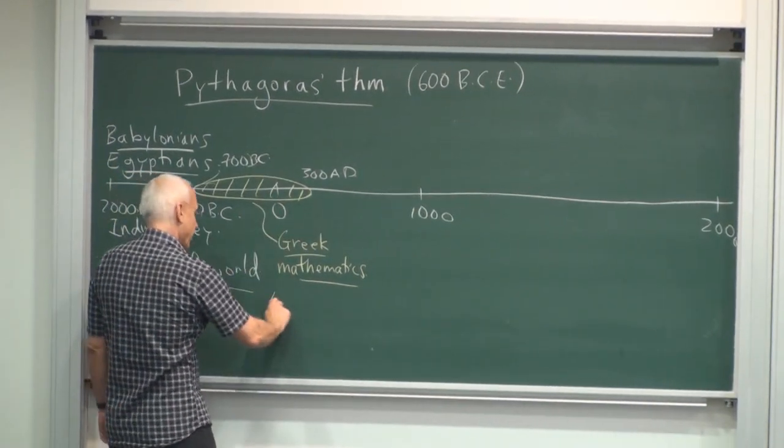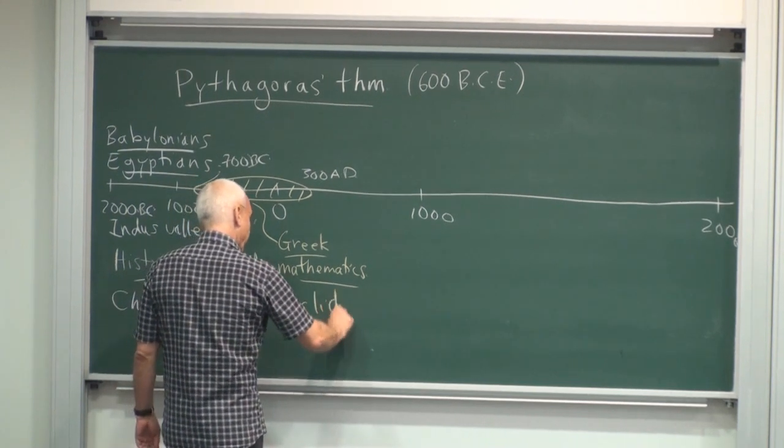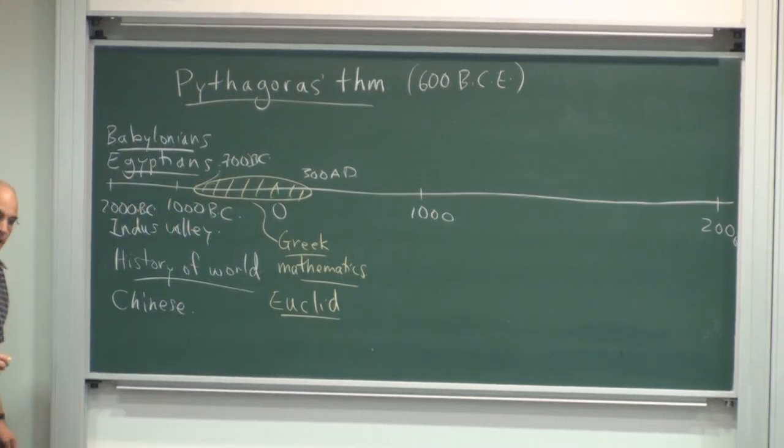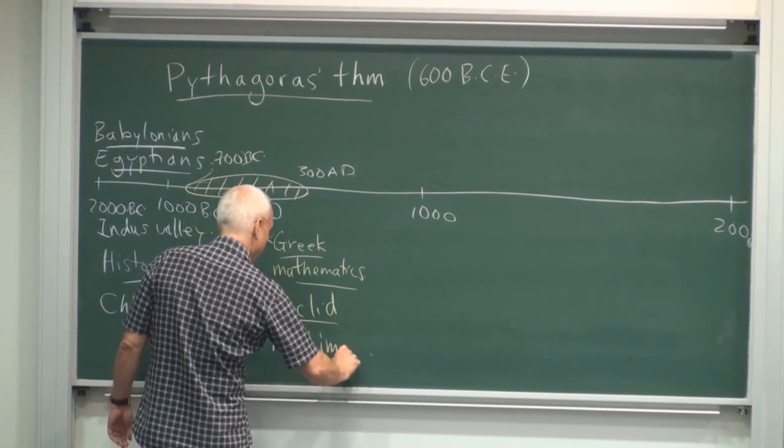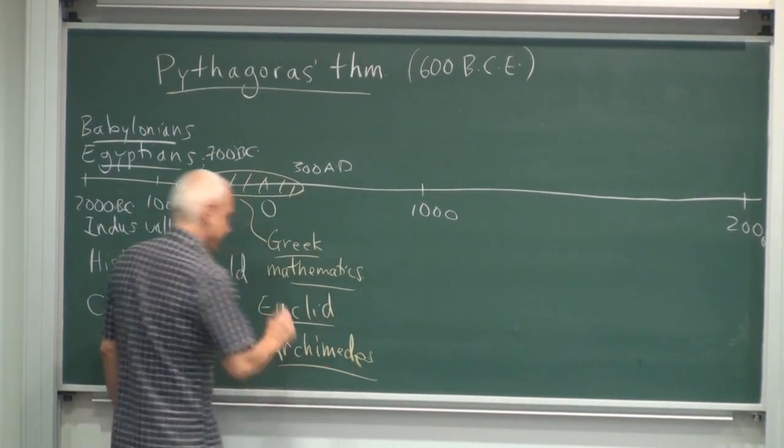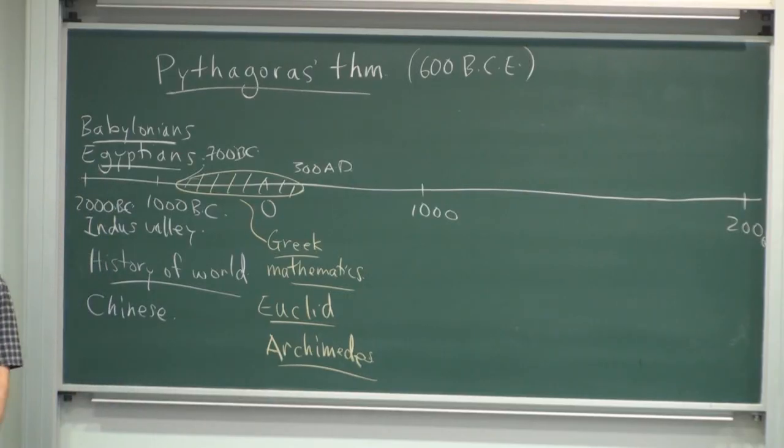Well, Pythagoras was one, but probably more famous than Pythagoras was Euclid and Archimedes. I would say these are the two towering figures in ancient Greek mathematics. But there are many other important Greek mathematicians too.